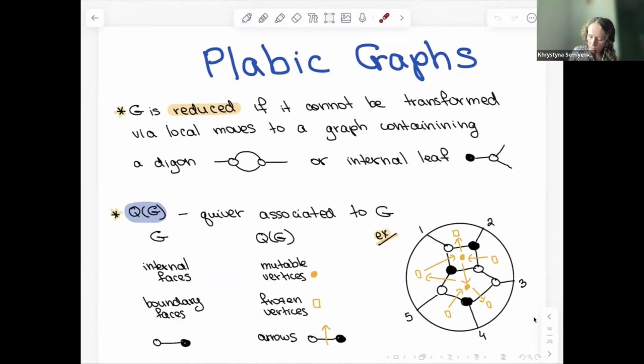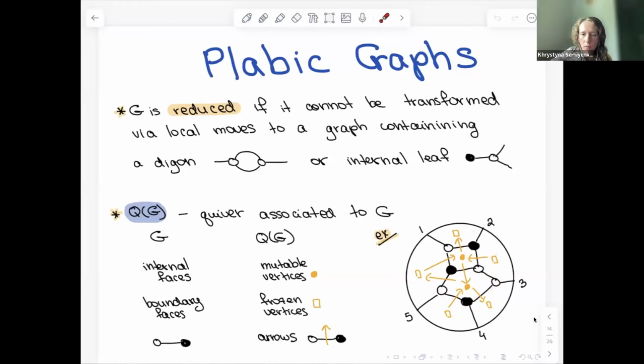And the arrows in the quiver are as follows. Whenever you have an edge in the plabic graph between two differently colored vertices, we're going to draw an arrow such that the black vertex appears on the right and the white vertex is on the left. So in our example of a plabic graph, we have the following quiver. We have these two internal faces, which means we have two mutable vertices. On the outside, we have these boundary faces.